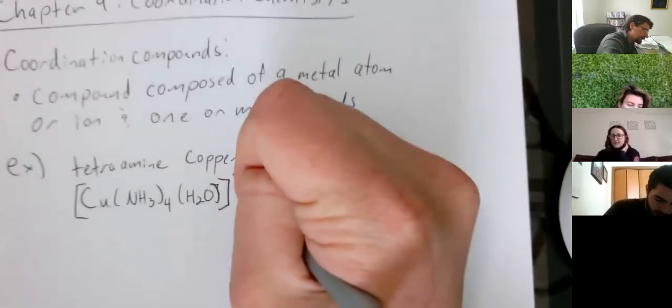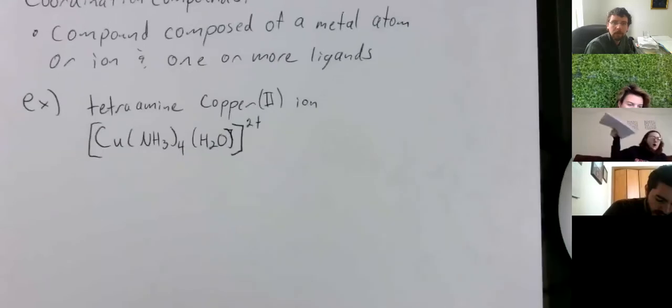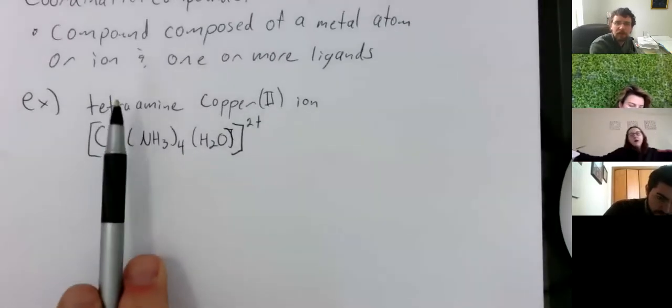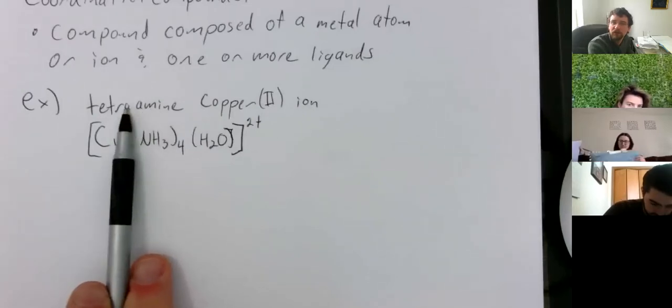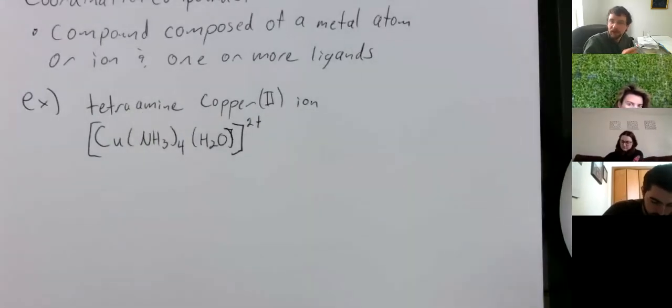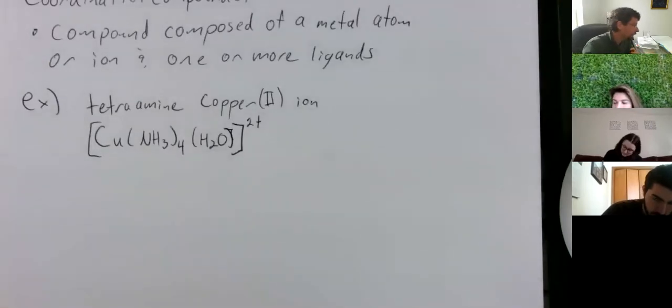We put this whole thing in square brackets with a 2+. So it seems kind of weird because in other naming conventions that you learned in general chemistry, you wouldn't have two A's next to one another. In this naming convention, you do. We're going to discuss what these compounds look like, how they form, and then we'll get into the naming convention.